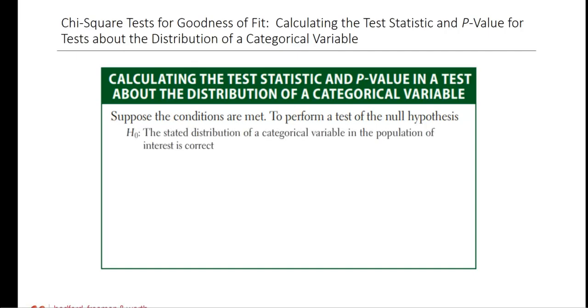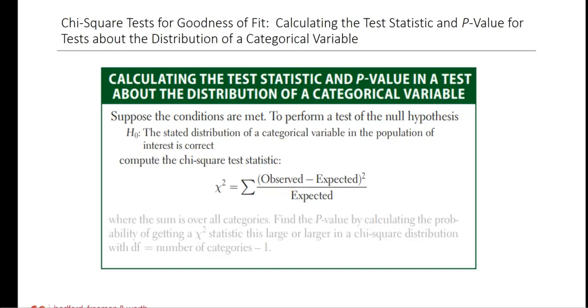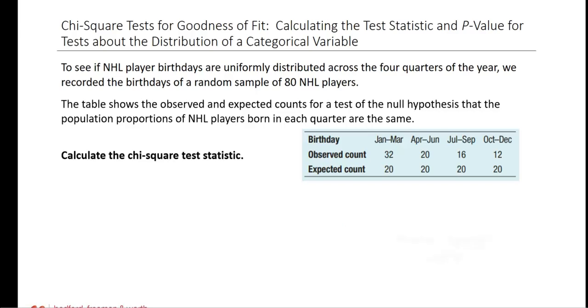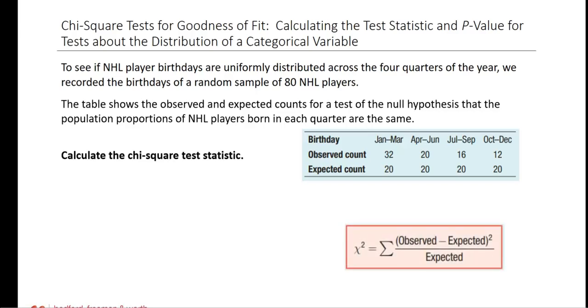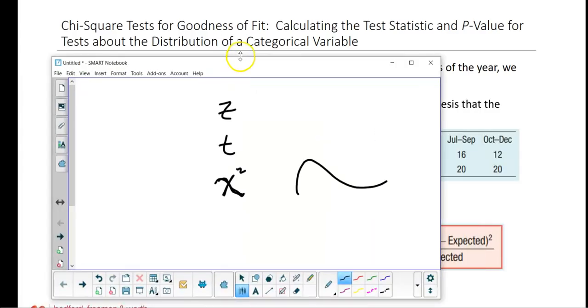So the null is correct. Complete the chi-squared statistic there. Find the p-value by calculating the probability of getting chi-squared or larger with that same degrees of freedom. So going back to this one, let's try to set this up by hand.